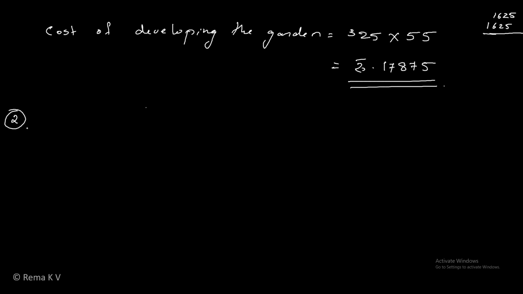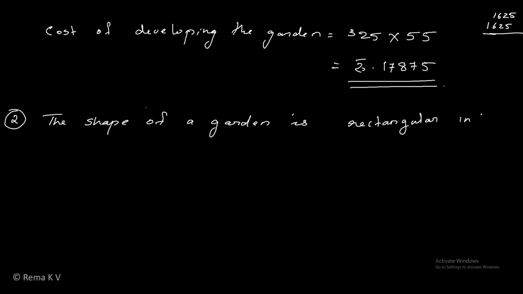Okay, now let us move to the next question. The shape of a garden is rectangular in the middle and semicircular at the ends.